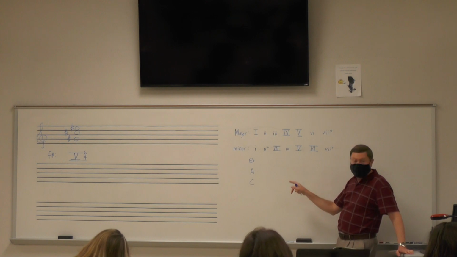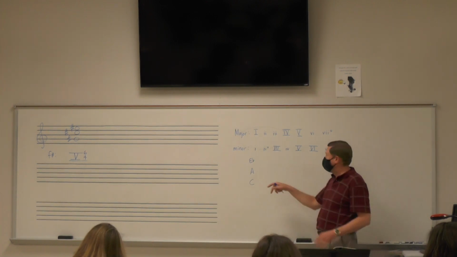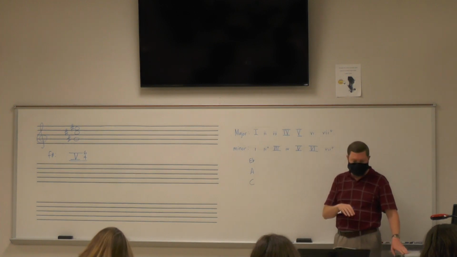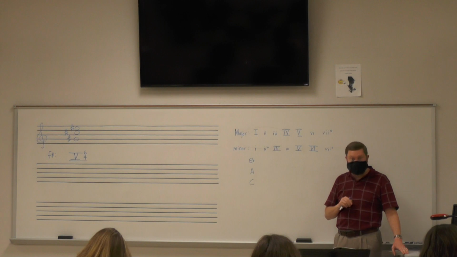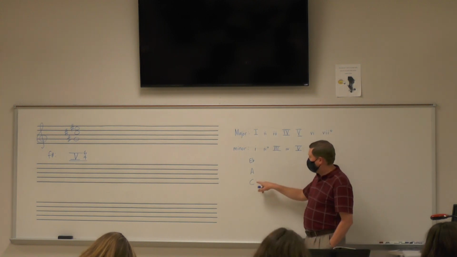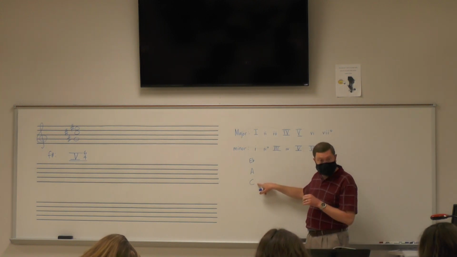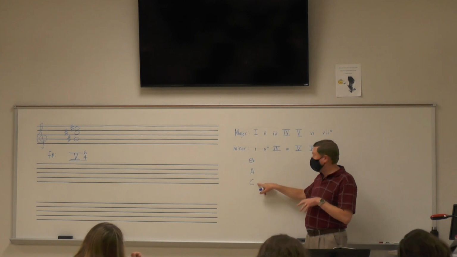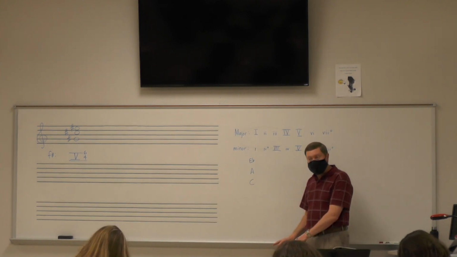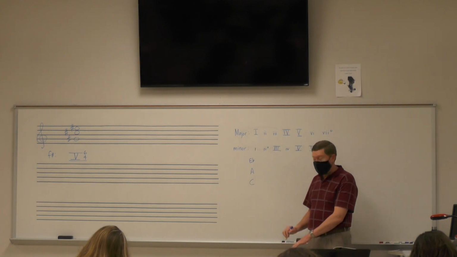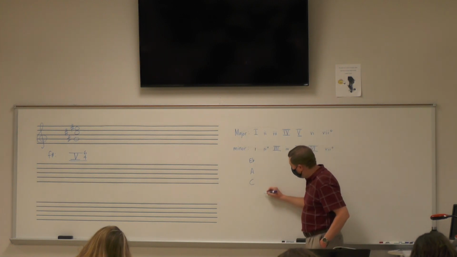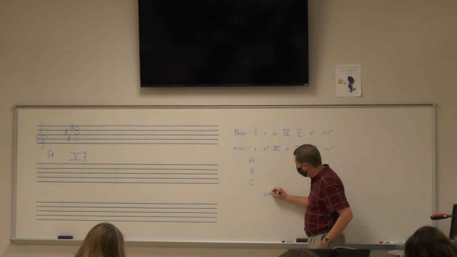But is the triad in root position? What's the lowest sounding pitch of the A, C, and E flat on that beat? The C. So C is the third of the triad, and when the third of a triad is on the bottom, we know that's in first inversion. So what should my final Roman numeral symbol be for line number 2?